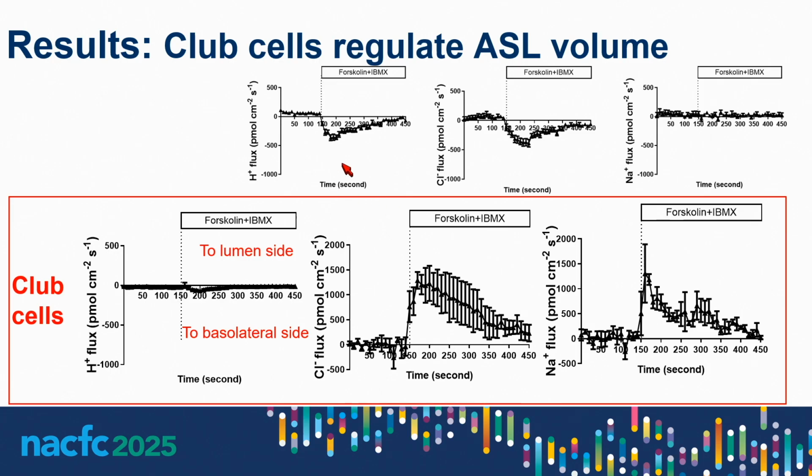So this indicates that sodium and chloride ions are moving from the basolateral side to the apical side through the club cell, and the sodium and chloride movement is a driving force for liquid secretion there. So we think that the club cell regulates the ASL volume in the distal airway.